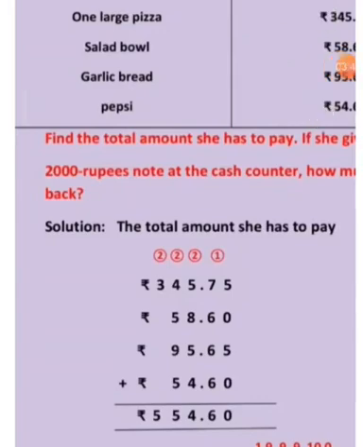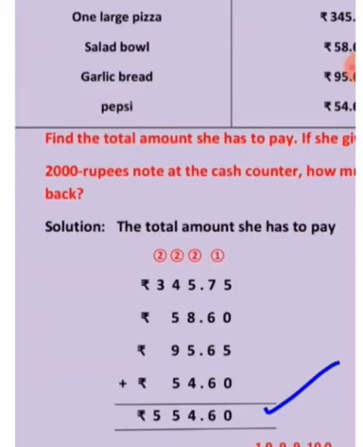So she gave the cash counter a 2000 rupees note, and she has to pay rupees 554.60. So if you subtract these two, you will get the amount she will get back. So let's see the subtraction. You know how to do this type of subtraction.